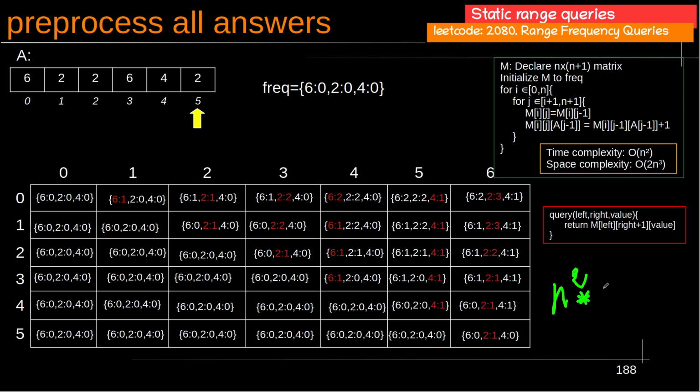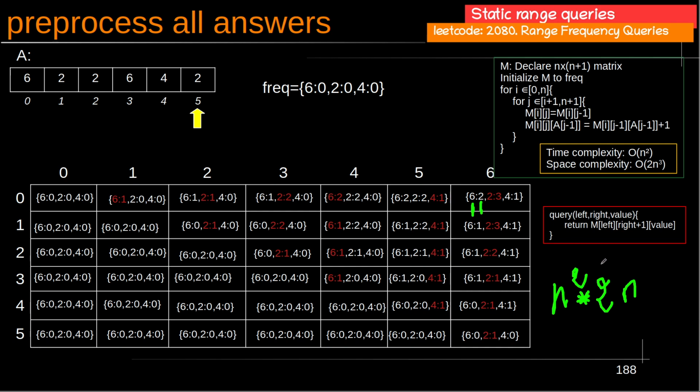2n. Why 2n? Because for each element we have another integer, which is the frequency.